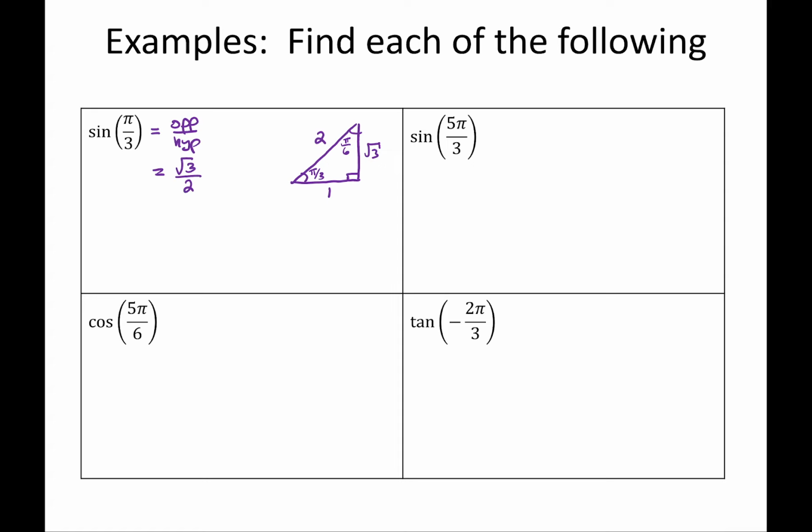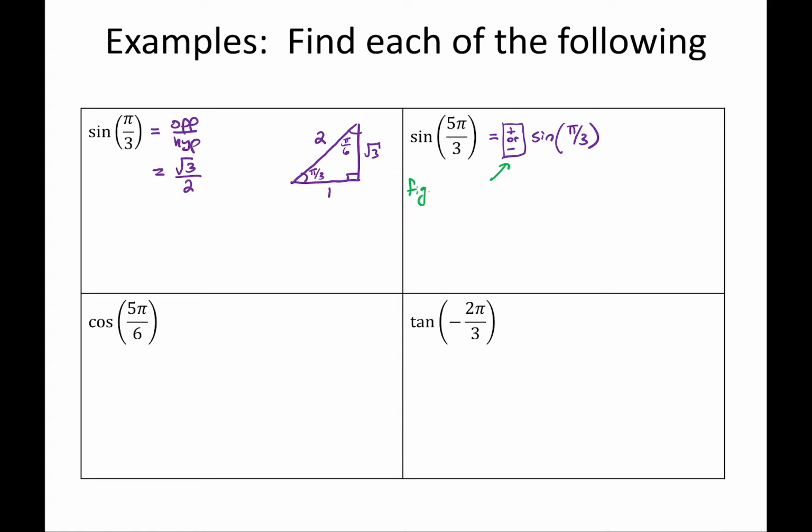Next one, sine of 5 pi over 3. So the trick is, first check, is it a reduced fraction? It is. So this is going to be plus or minus sine of pi over 3. We've got to figure out the plus or the minus, based on the quadrant that we're in.